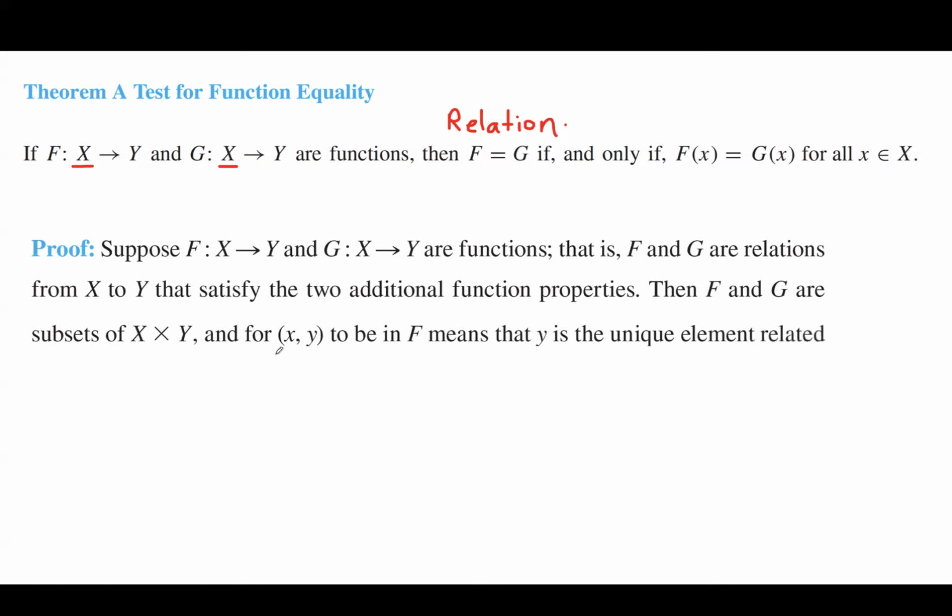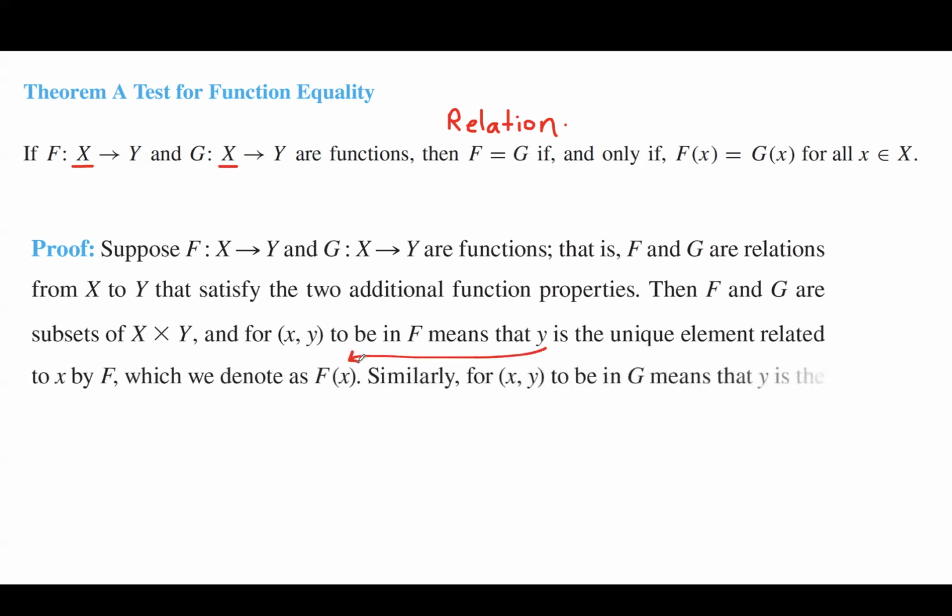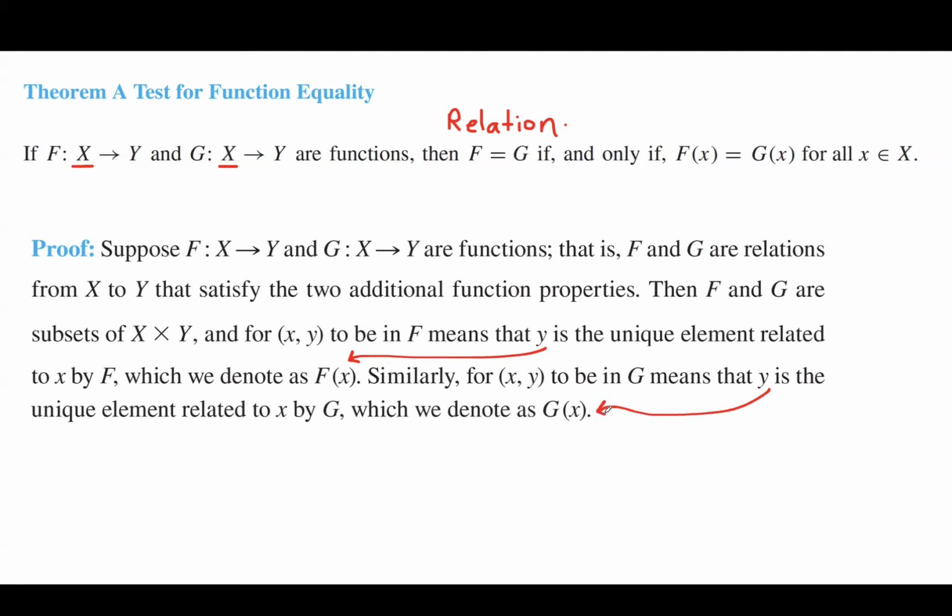For an ordered pair (x, y) to be in relation f, it means that y is the unique element related to x by f. So we can denote y by f of x. With the same argument, for the ordered pair (x, y) to be in g, it means that y is the unique element related to x by g. So y is also equal to g of x.